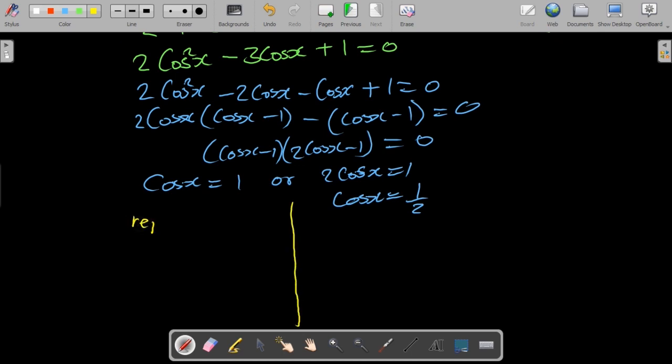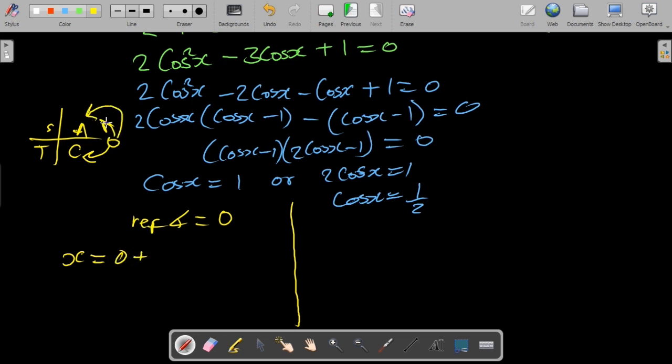So first, I'm going to find the reference angle. That will be the arc cosine of 1, which is 0. So my reference angle here is 0. And now I'm going to look at the sign of this number. It's positive. Going back to the cast diagram, cosine is positive there and there. So to represent those regions, I'm going to have x equals 0 plus, which is this direction, or 0 minus, which is that point there.